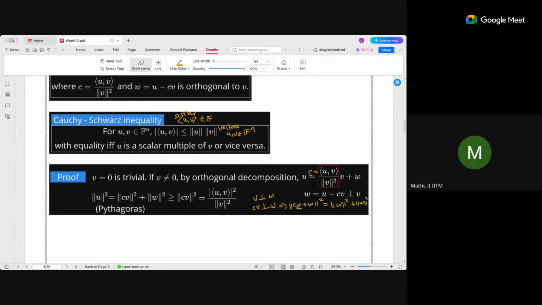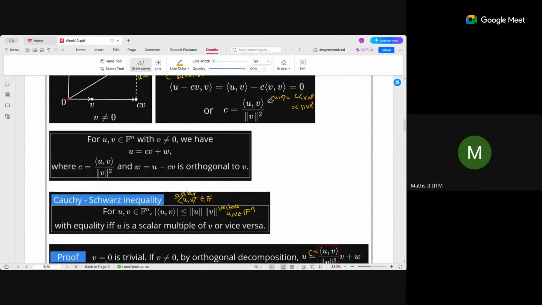And Cv plus W is nothing but u. Now norm of anything is a non-negative value, so if I leave out the norm W square, then this part is greater than or equal to norm Cv square. And what is norm Cv square?